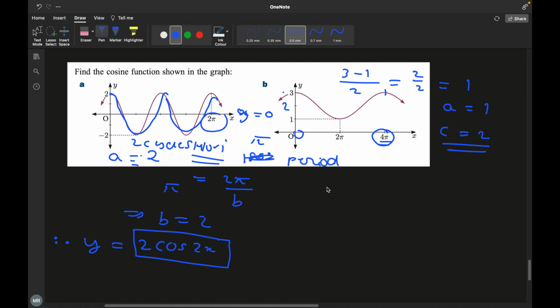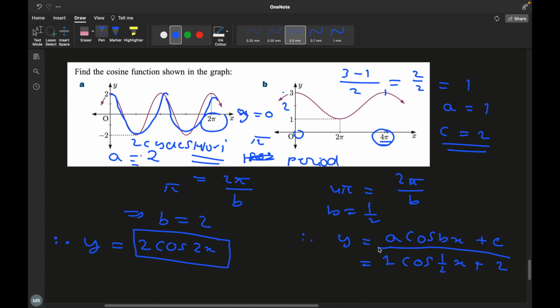So therefore, 4 pi equals 2 pi by b. b is therefore 1 by 2. So our final answer would be y equals a cos bx plus c. Now let's substitute the values in. This would be y equals 1 cos (1 divided by 2)x plus 2. This is our final answer.